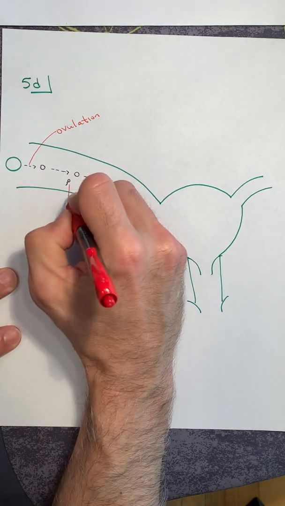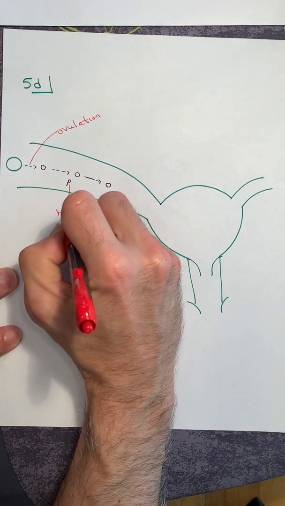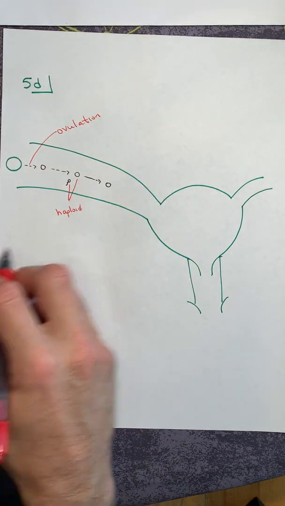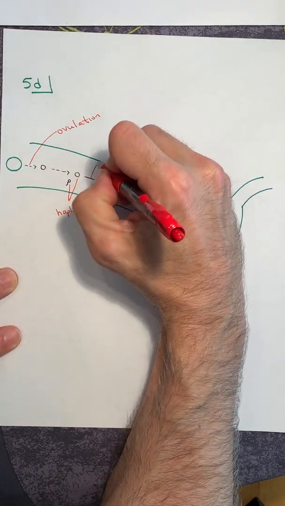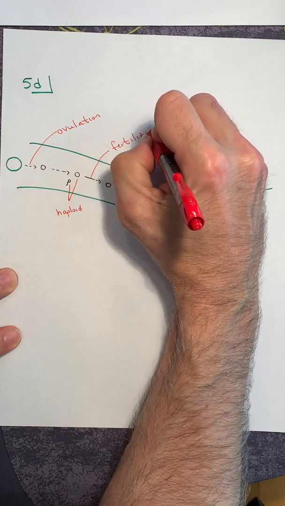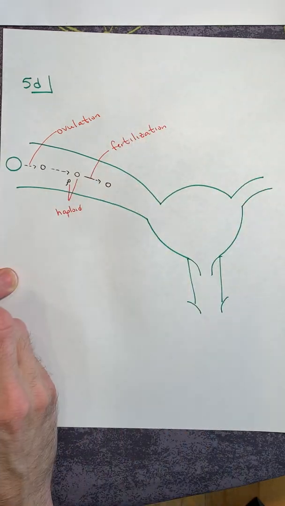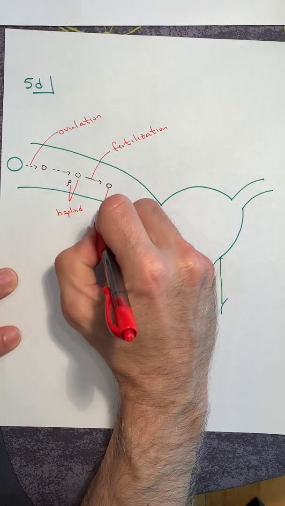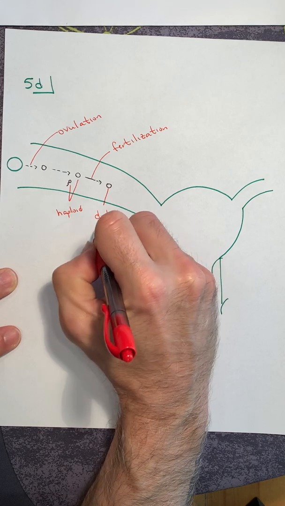You then get a haploid sperm and a haploid ovum. These two haploid gametes join by the process of fertilization. The process of fertilization forms a diploid zygote.